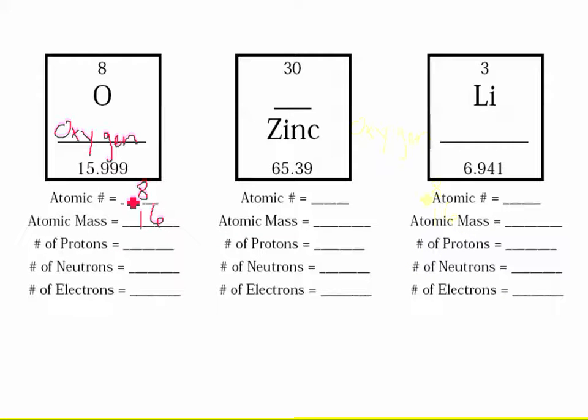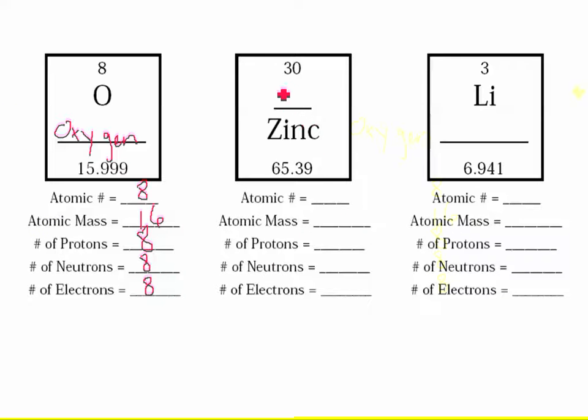The number of protons is always the same as the atomic number, so the number of protons is 8. Now, to find the number of neutrons, we need to take the mass minus the protons. So 16 minus 8 equals 8. The number of electrons is always the same as the number of protons in a neutral atom. So if we have 8 protons, it means that we also have 8 electrons. Okay.